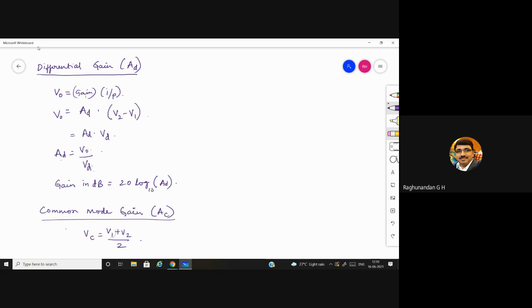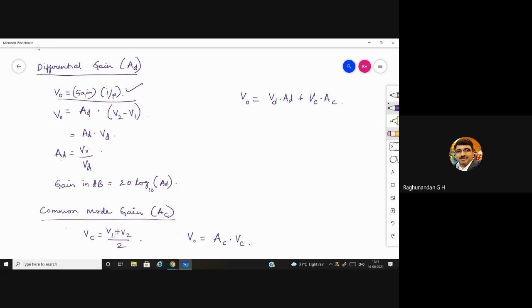Then, writing that in terms of our standard equation, output voltage is equal to common mode gain into common mode voltage. So overall, for a differential op amp, the total output voltage V naught will be equal to VD into AD plus VC into AC.